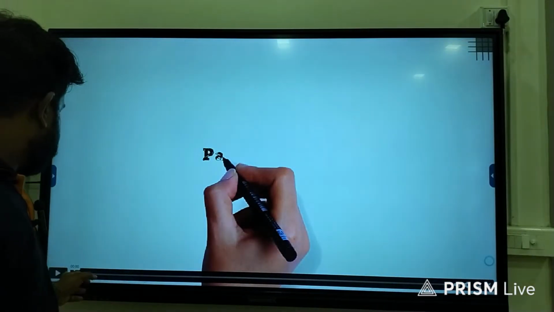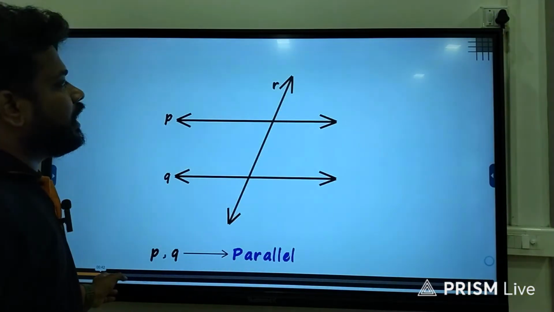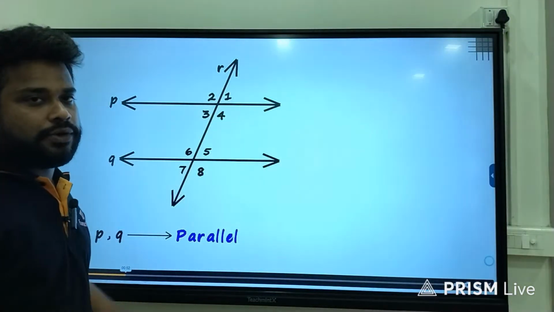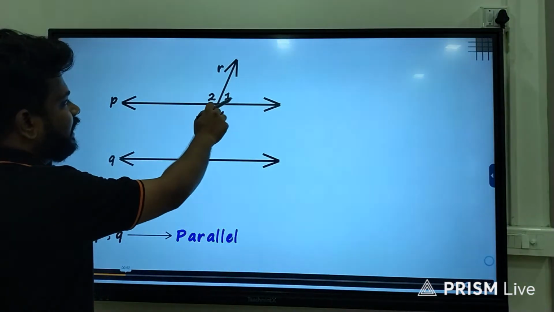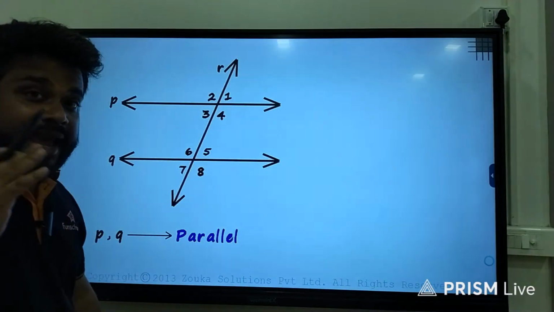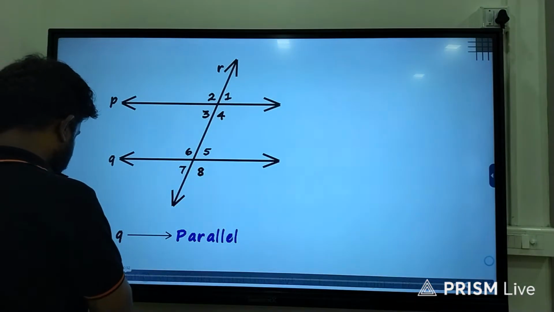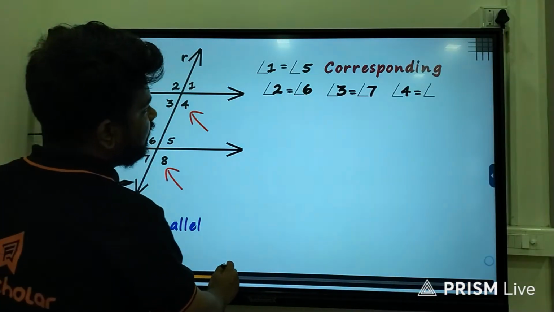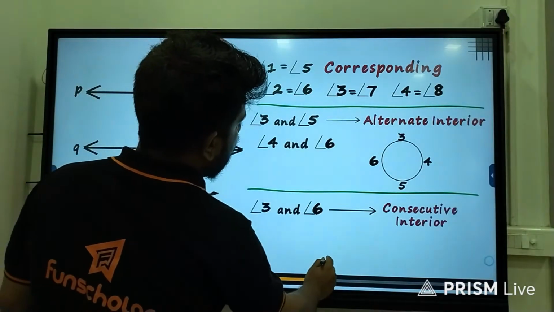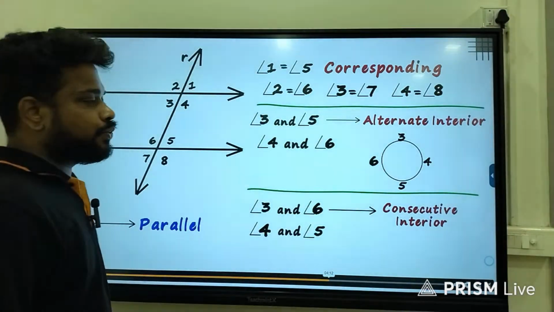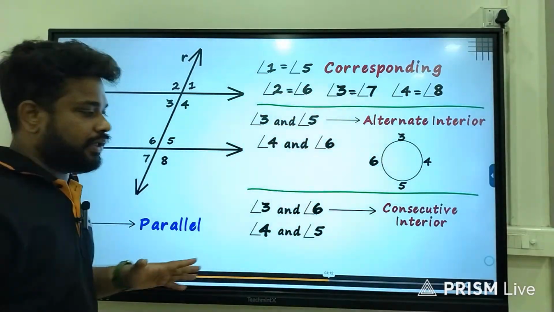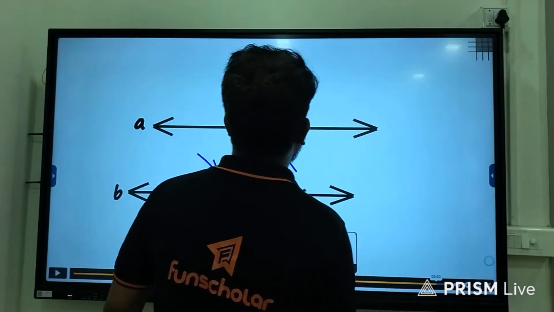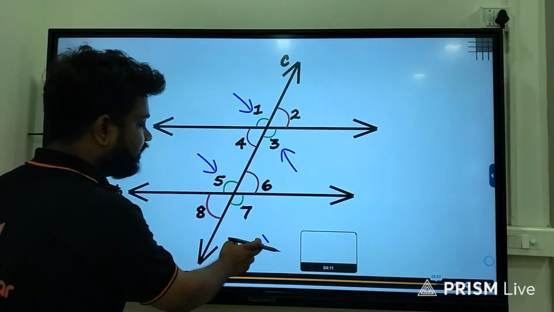Okay, so this one was the whole video about transversal, and transversal means when one line intersects two parallel lines or a pair of parallel lines and they make 1, 2, 3, 4, 5, 6, 7, 8 angles between them. And for these angles, which are the corresponding angles and which are the vertically opposite angles, we have discussed it in this video, and which type of angles will be equal to each other is also discussed in this video.